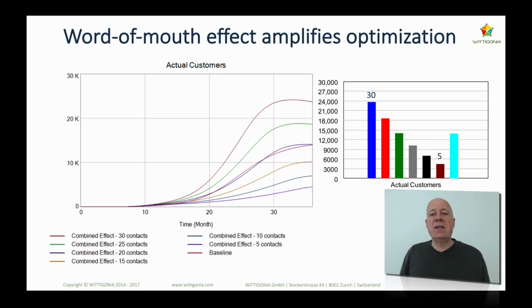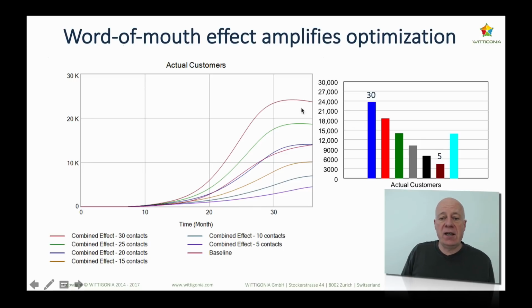Now, of course, this is highly dependent on the degree of word of mouth or network effects. And again, there's another topic that I will talk about: what is word of mouth and how does it happen? How does it bring out the accelerating growth or the, let's say, the S-shaped growth curve? But that's not the point here. The point is that the more people are in touch with each other, so if one customer is talking to more than one other customer, the more it amplifies the optimization that you're also doing downstream.